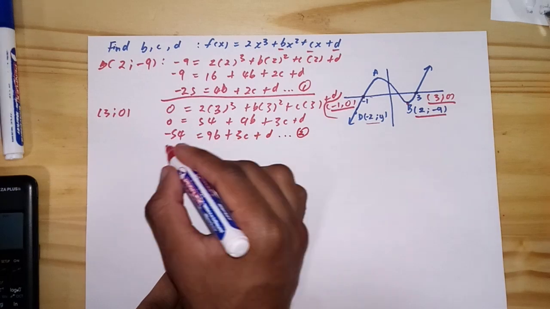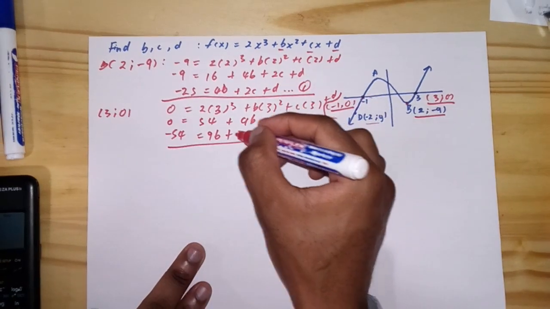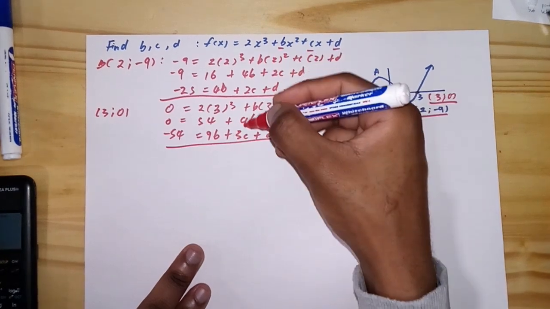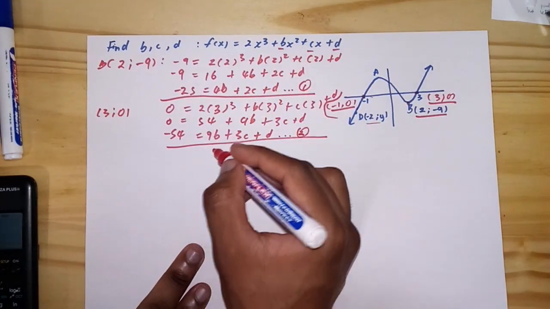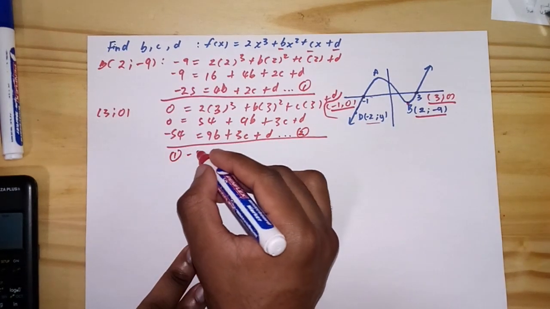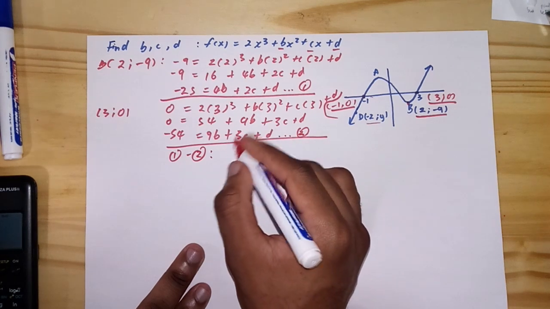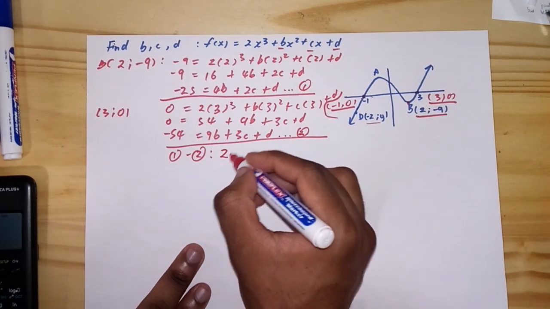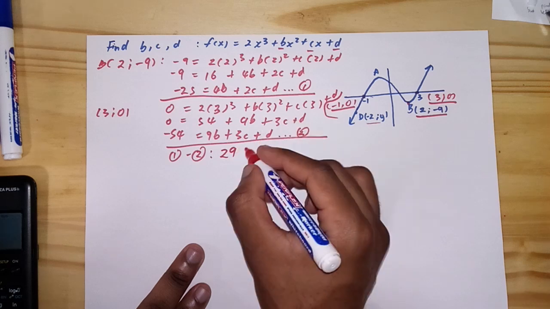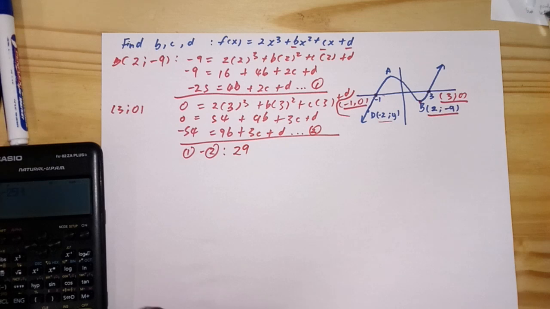Same scenario. Now what do you want to do? You're going to subtract so that you can get rid of the other terms, and then you're going to be left with 2 terms. Then when you're left with 2 terms, you can substitute the formula of either of the terms. So you're going to say 1 minus 2, and I think it's around 29, yes, just to confirm, 54.